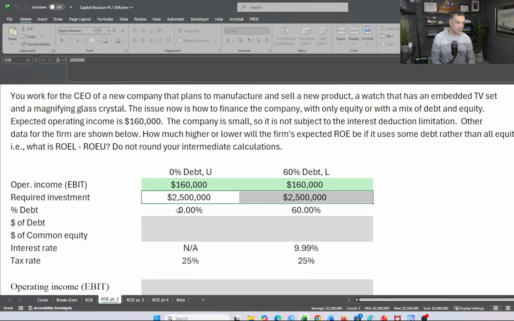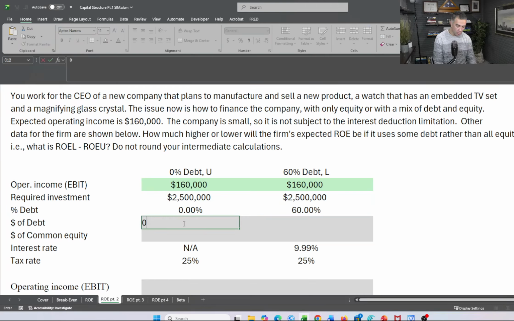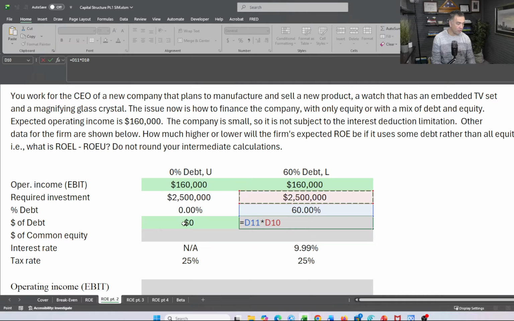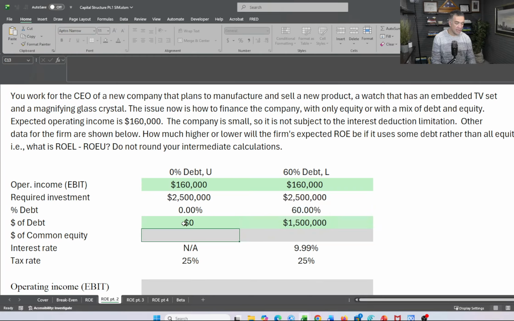So here is the percent of debt down here. Now we want to know, how many dollars in debt do we owe? This one's zero because we don't have any debt. And this one is going to be 60% of our investment. And then what about common equity? What is the dollar value in equity?